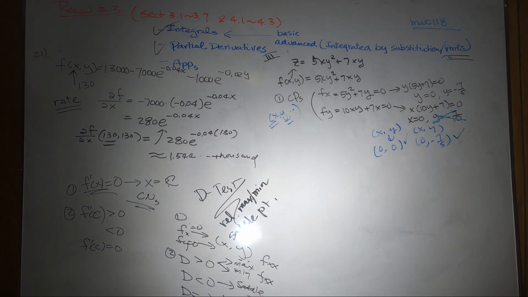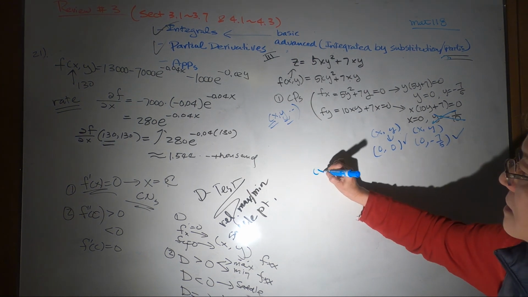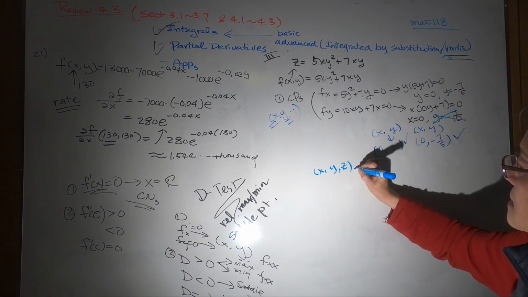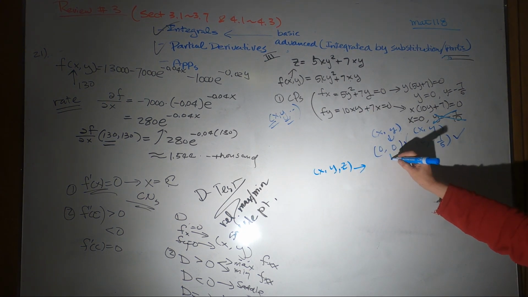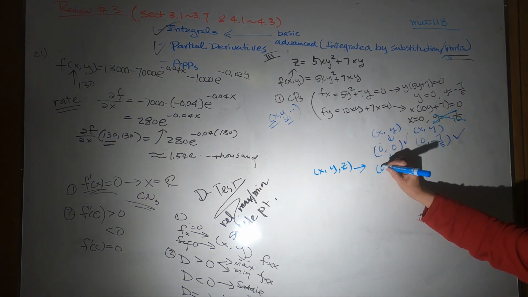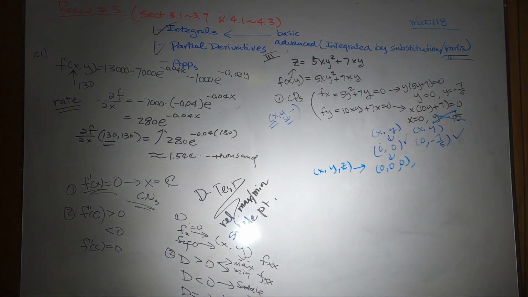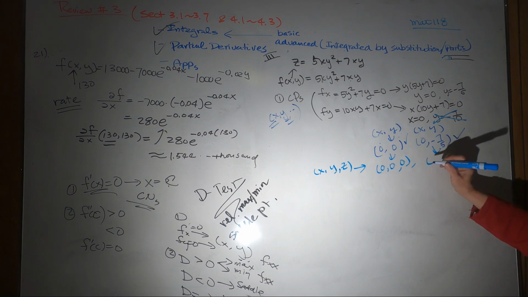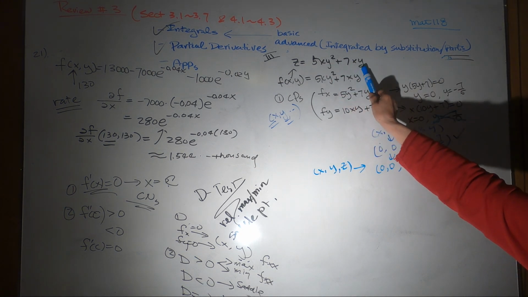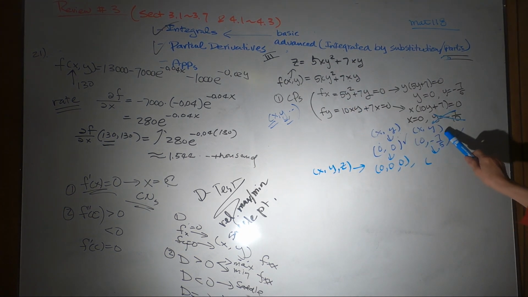Okay, but all the critical numbers are x, y, and z. So for this one, x is 0, y is 0, what do you have? You plug in here, z is 0, right? Then for this one, x is 0, y is negative 7/5.